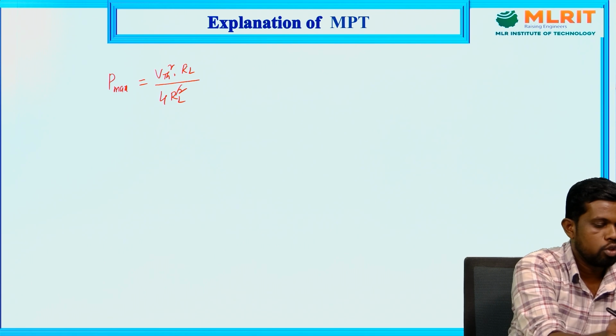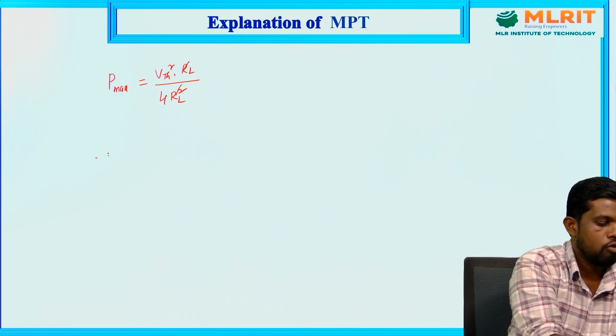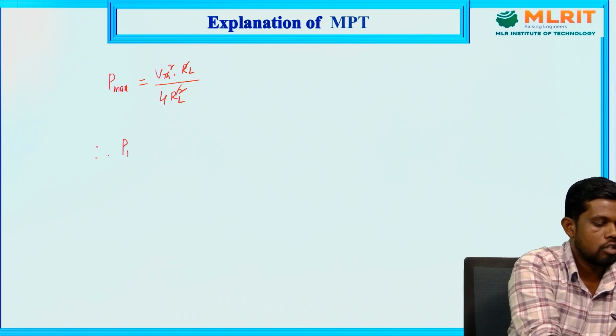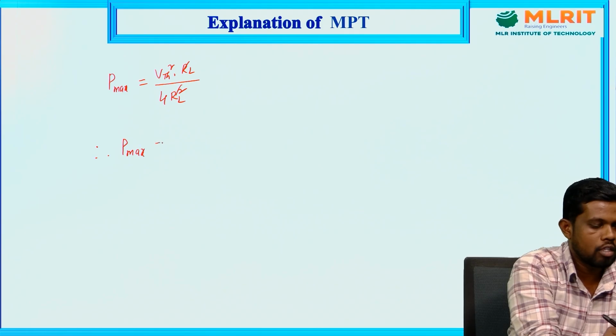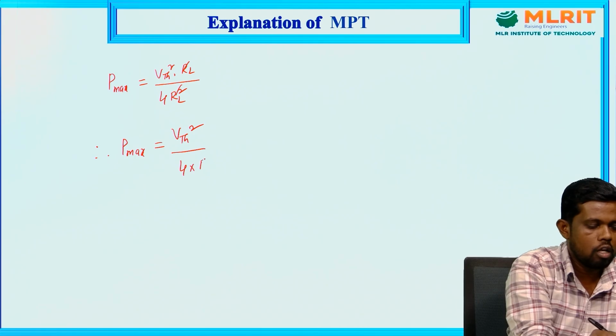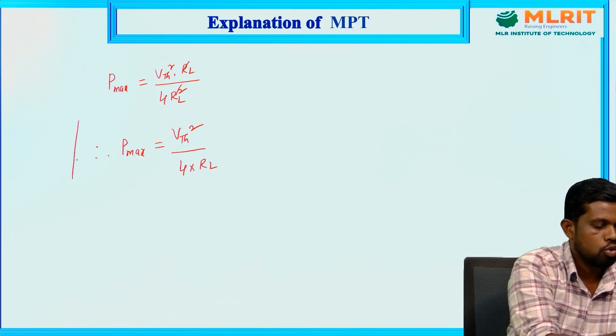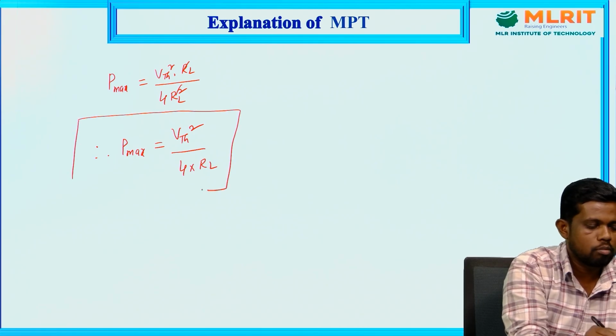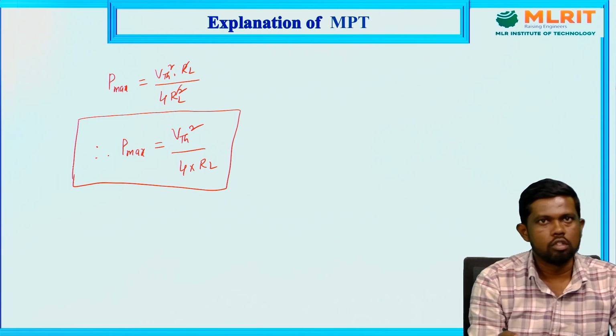These two get cancelled. Therefore the maximum power across the load is P max equal to VT square by 4 times RL, the load resistor. This is the value of maximum power across the load resistor.